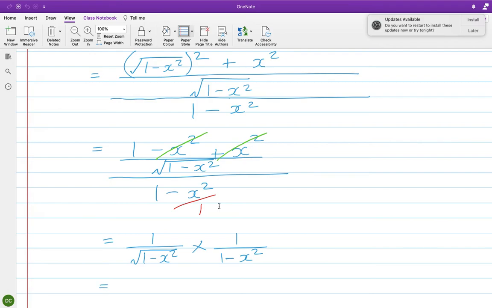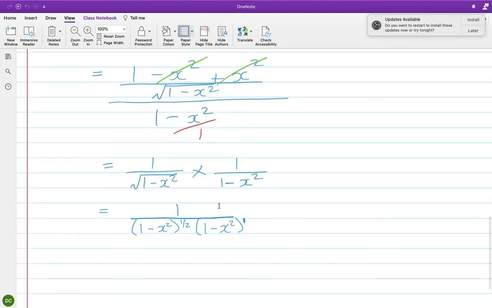So, top by top, bottom by bottom, I have 1 over. Now, I'm going to have to go back into indices here. So, 1 minus x squared to the power of a half times 1 minus x squared, so that's to the power of 1. When you're multiplying numbers, you add the indices, is that right?